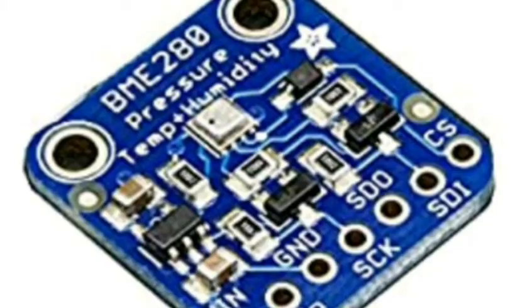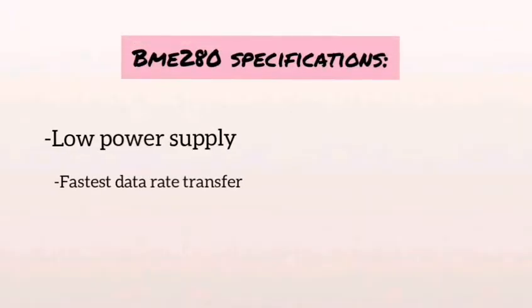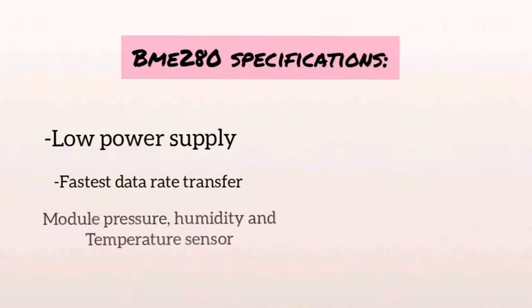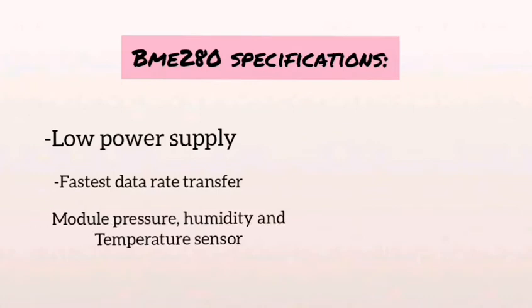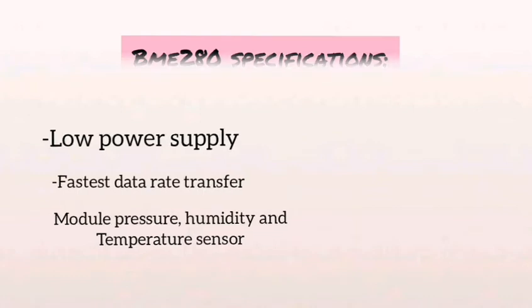For the sensor subsystem, we choose the BME280 because the communication protocol is I2C, which is very compatible with the Raspberry Pi Zero. It also has a low voltage supply and a faster data transfer rate than other sensors. It has all the sensors that we want to use in our CANSET in one component: humidity, temperature, and altitude. Next, we also use an external barometer, the BMP180, for altitude reading.